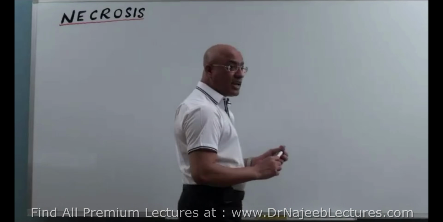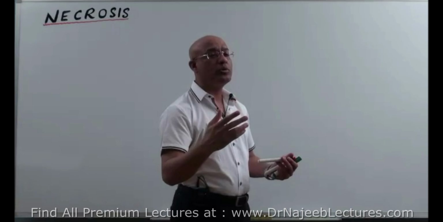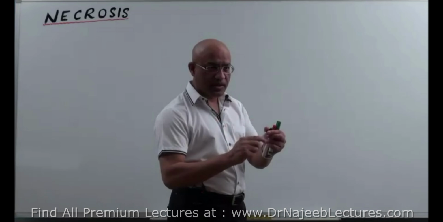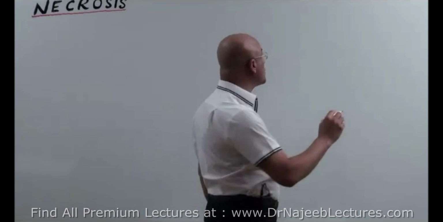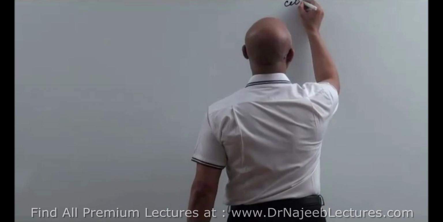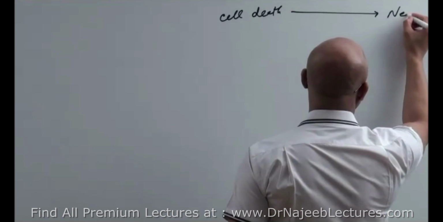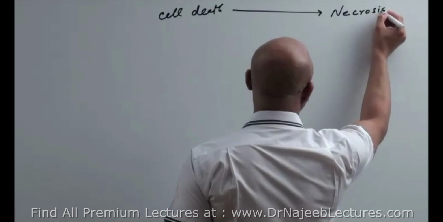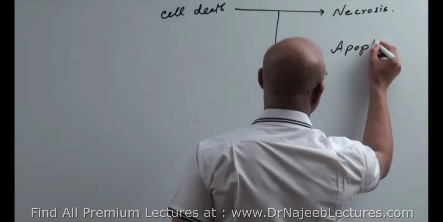When a cell is irreversibly damaged, if the cell is going to die, the cell death normally follows one of two pathways. Either it goes through the pathway of necrosis or it goes through the pathway of apoptosis.